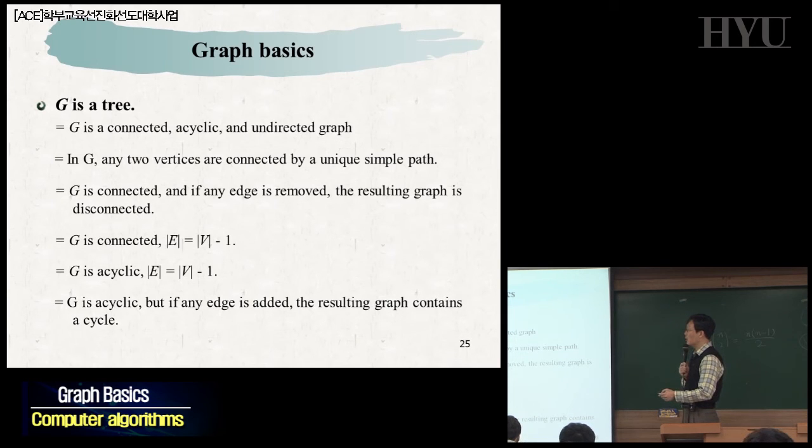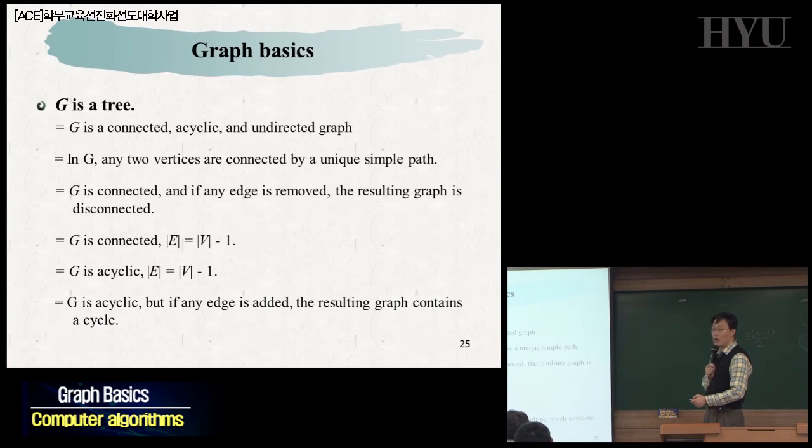Or the graph is connected, and if any edge is removed, the resulting graph is disconnected. This can be used as a definition of a tree. Or connected and this. Or acyclic and this.